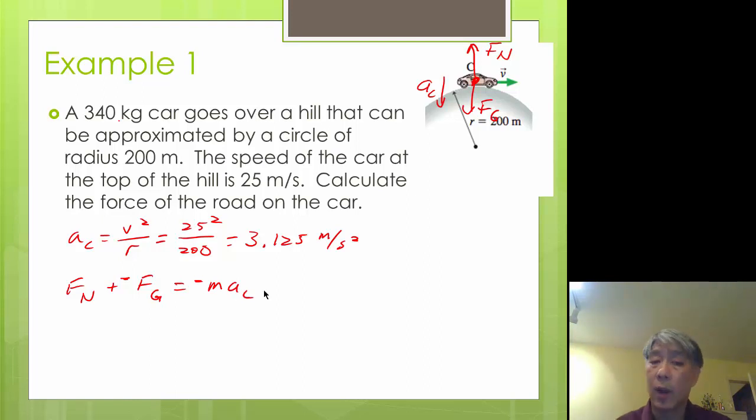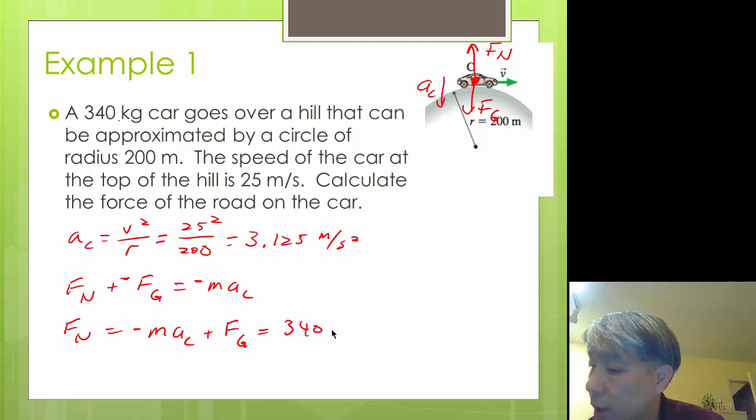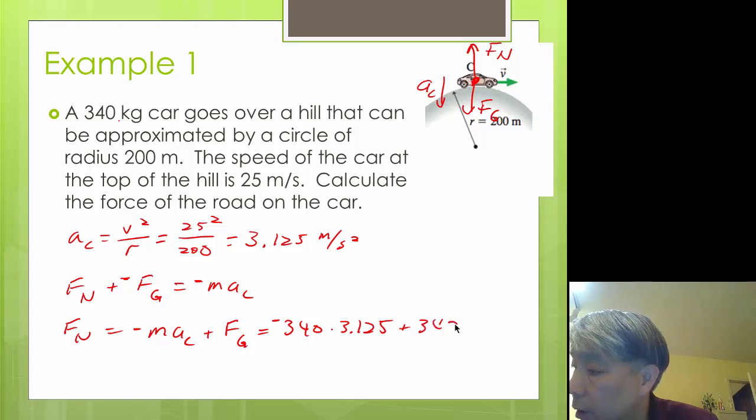Okay, so calculating the force of the rotor on the car, that's Fn. That's going to equal minus mac plus Fg, or basically 340 times negative 3.125 plus 340 times 9.8.